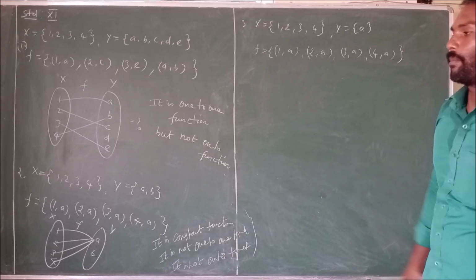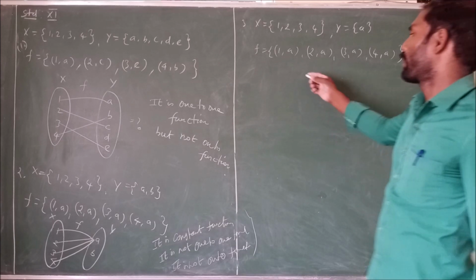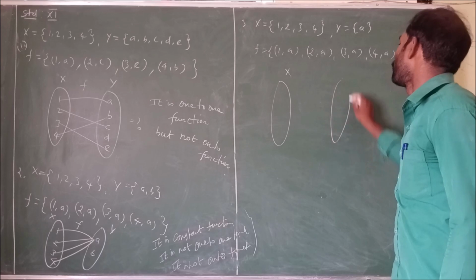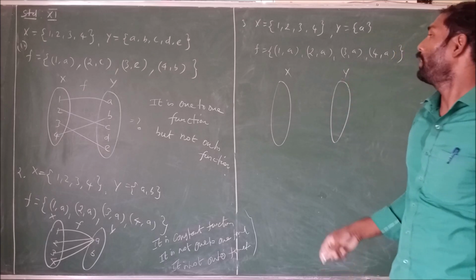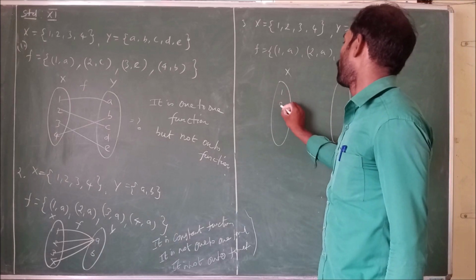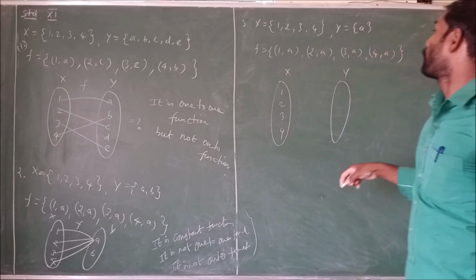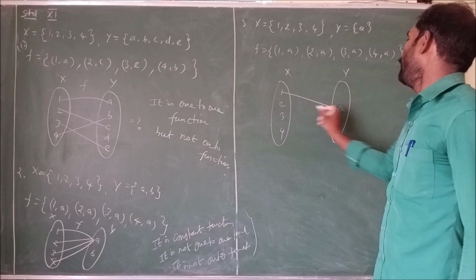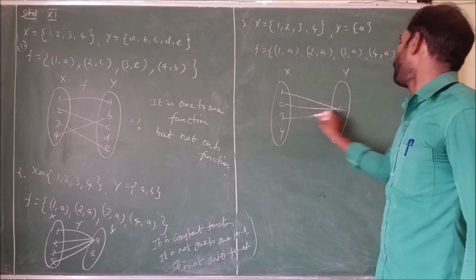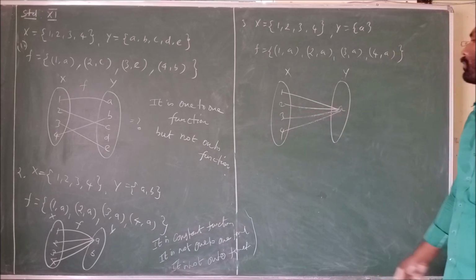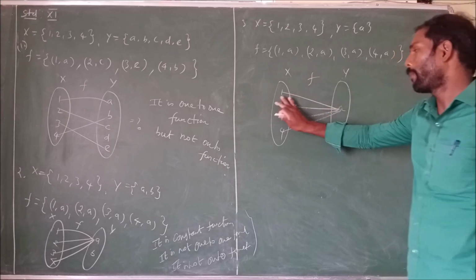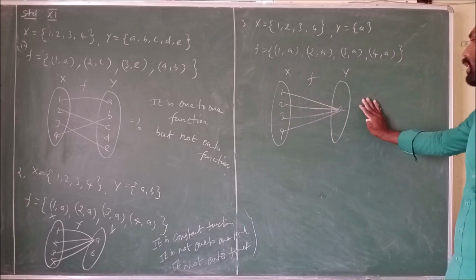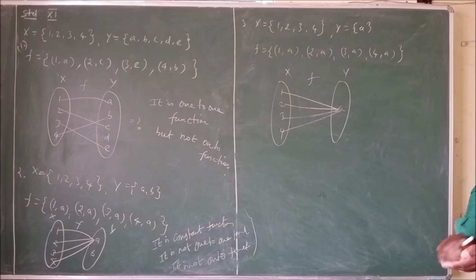Then the third example. X is the domain with elements 1, 2, 3, 4, and Y is the codomain with element A. 1 maps to A, 2 maps to A, 3 maps to A, 4 maps to A. What type of function is this?